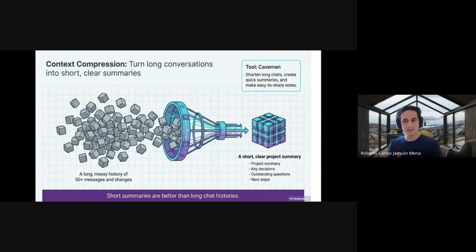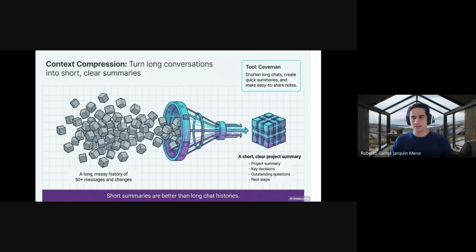If you don't do this compression, the AI will receive all the history, 100, 200 messages. So instead of sending all of this information, we send a party summary with the completed tasks, what it still needs, and what the next step is. So now the AI immediately understands the current state because you're passing a complete summary.